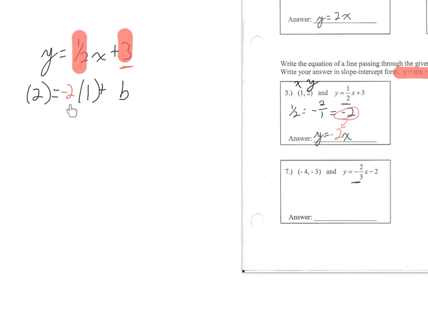So now I multiply here. -2 times 1 gives me -2. I'm going to move that to the other side by adding or subtracting appropriately. In this case, adding. So I get b equals 4. Now you remember I said that's one of the things we have to replace.